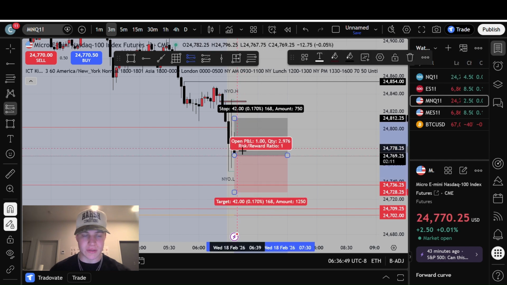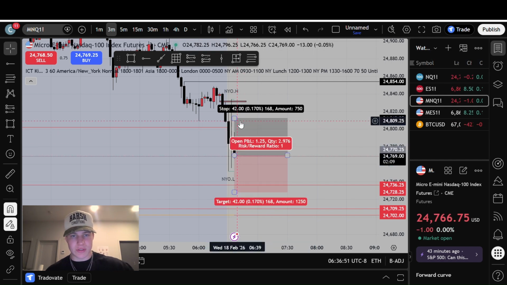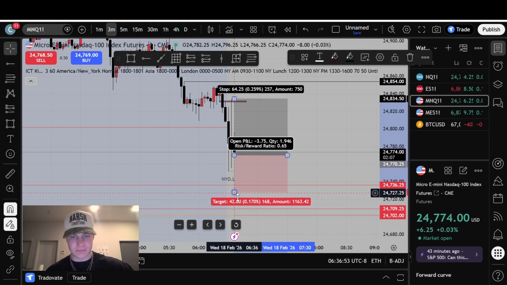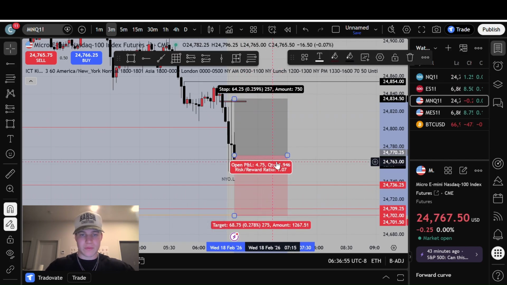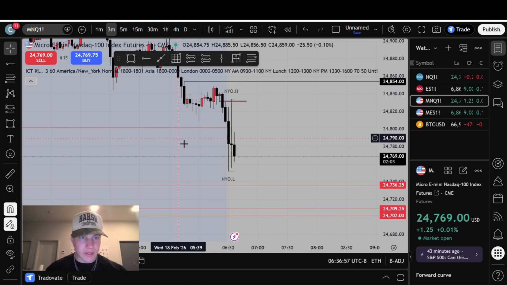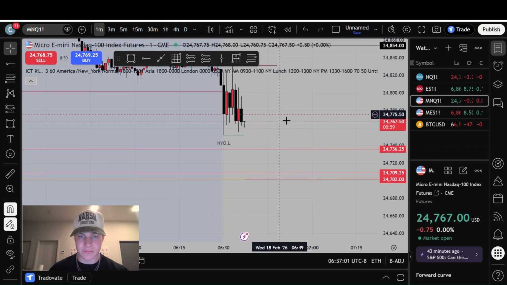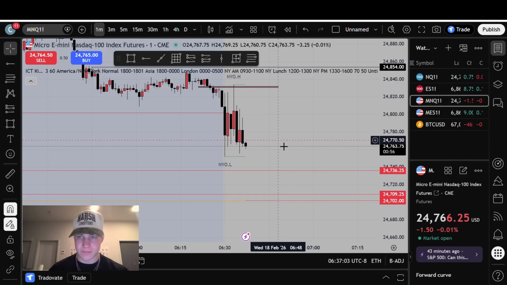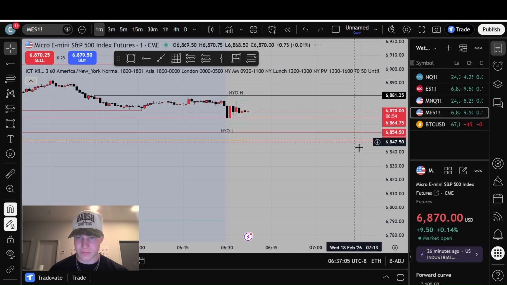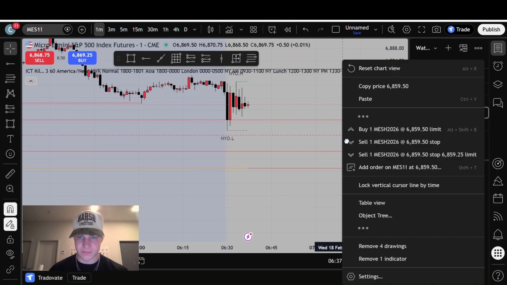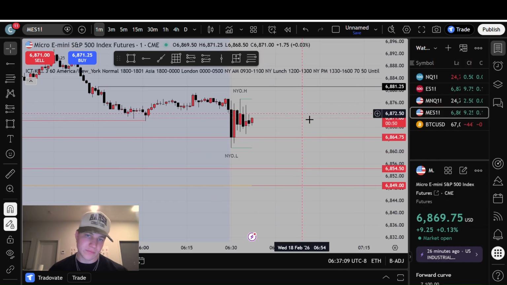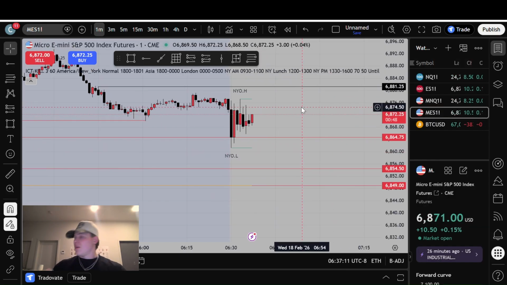I'd almost do this. Just like that. I'm not going to. I'd like to see some better 1-minute confluences. This price action is terrible.